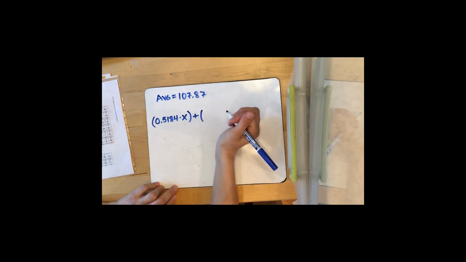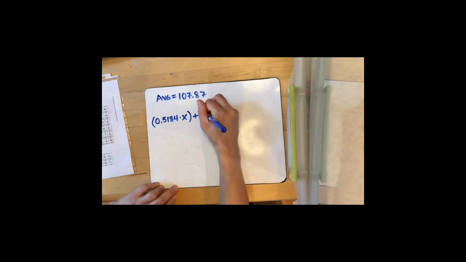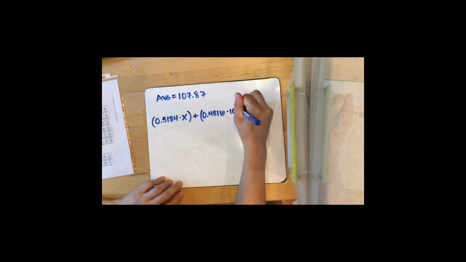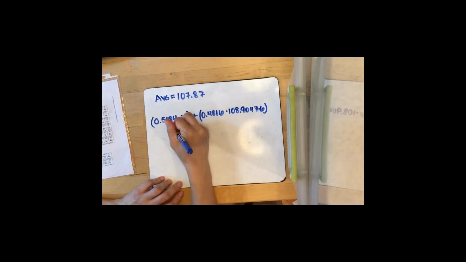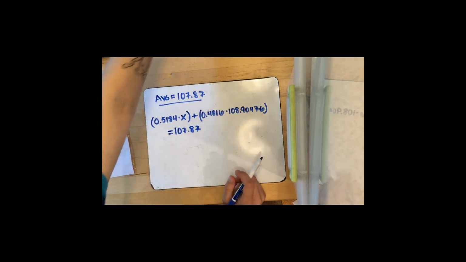Plus, we know the relative number of silver 109, which was 48.16. Again, we turn that into a decimal. And we do know the molar mass, the atomic mass of silver 109 is 108.90476. And we know this all is going to equal out to 107.87 because that's our average from the periodic table.